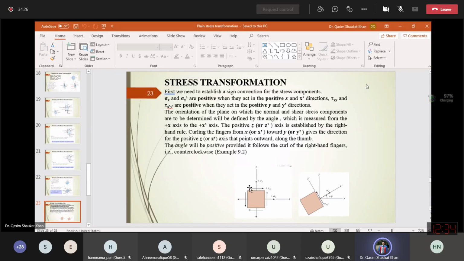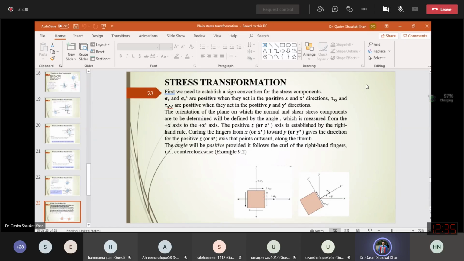If this vertical component is acting upwards towards the positive y axis, then your shear stress will be positive. Sigma y is positive towards the positive y axis, and shear stress tau xy is positive when this vertical component is upwards. So this is the general sign convention.